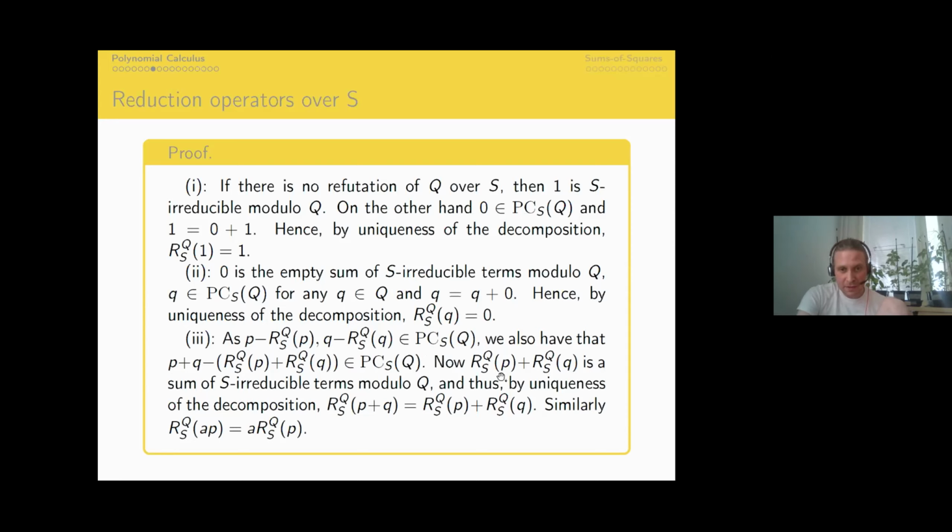But now this rsp plus rsq is a sum of irreducible terms. And thus, again, by uniqueness of decomposition, we get that rs of p plus q is the same as rsp plus rsq. And similarly, we can prove the scalar case. So that is, it's linear.